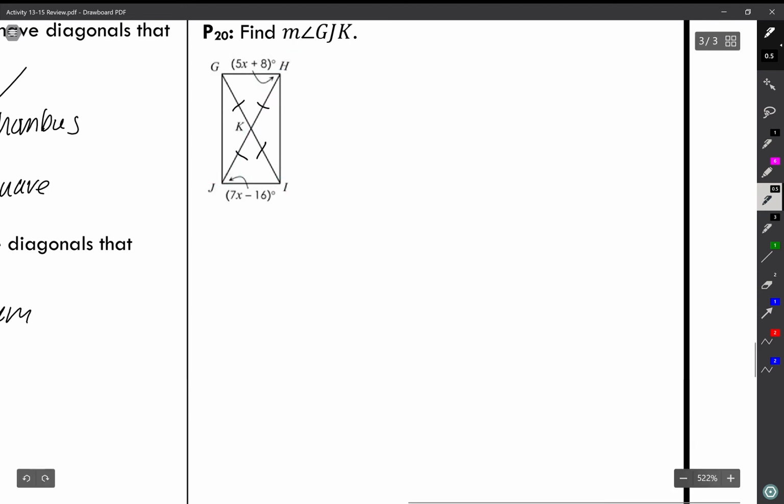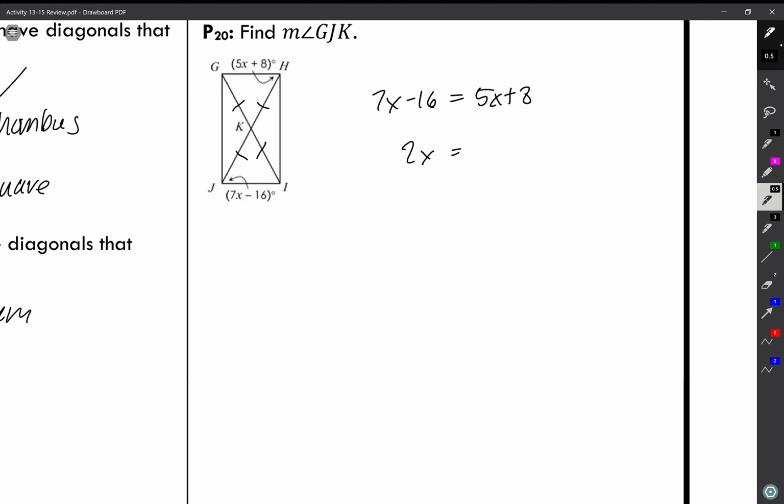So all we have to do is set 7x minus 16 equal to 5x plus 8. So 2x is equal to 16 plus 8, which is 24. So x is equal to 12. Alright, to find what we're trying to find, GJK right here. So this angle, okay?